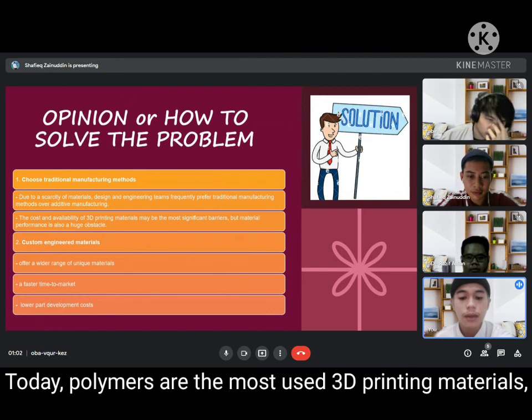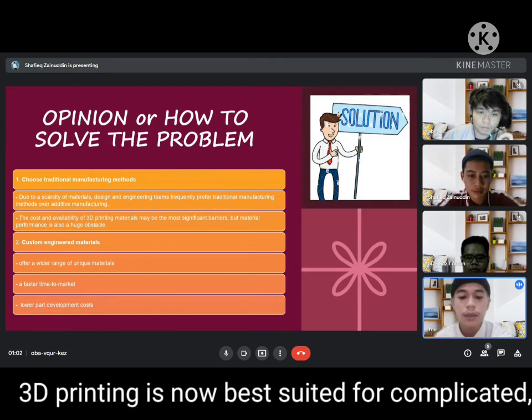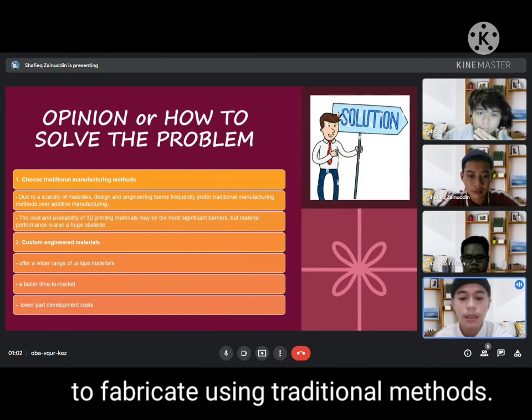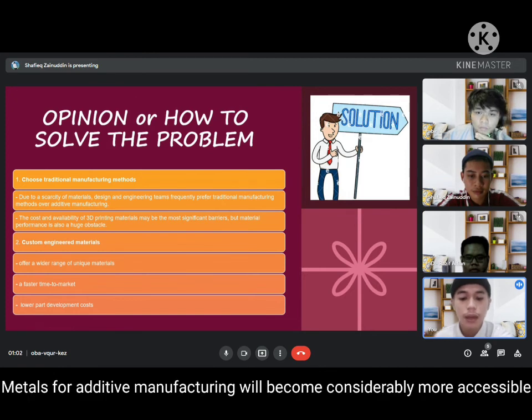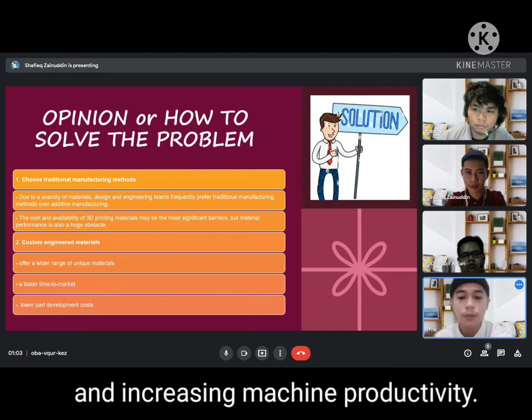Today, polymers are the most used 3D printing materials, but metals are the materials that industries are most interested in using next. 3D printing is now best suited for complicated, unique parts that are both expensive and difficult to fabricate using traditional methods. Metals for additive manufacturing will become considerably more accessible to product brands as progress is achieved in lowering the cost of materials and increasing machine productivity.